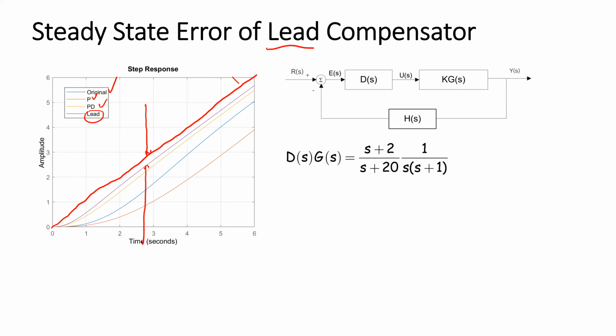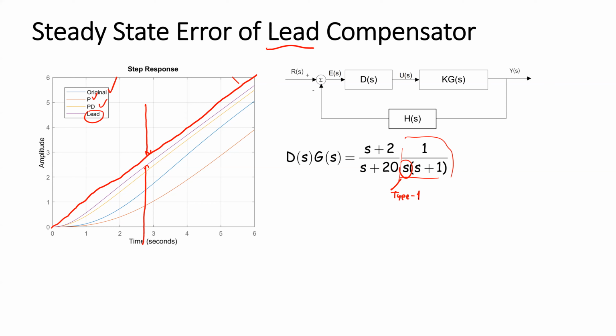Our original system is type 1. If the input is a step input, of course we can guarantee 0 error.